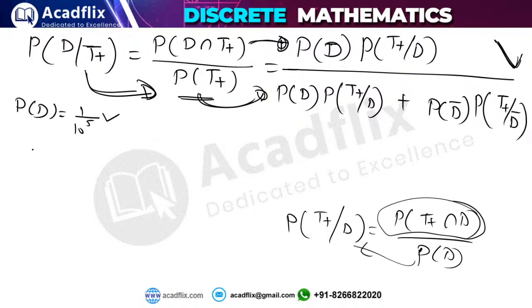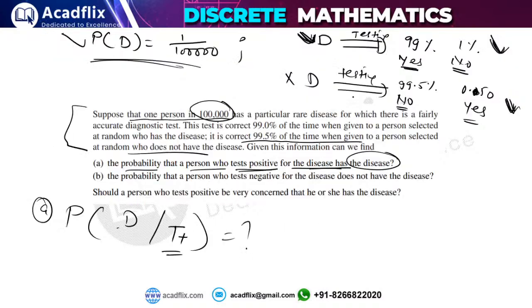Okay, P(D) is given. What is P(T plus given D)? Probability of T plus given you have a disease. This is already given in the question. He is saying, if you have the disease, then what is the probability that you will test positive? This is 99%, means 0.99.